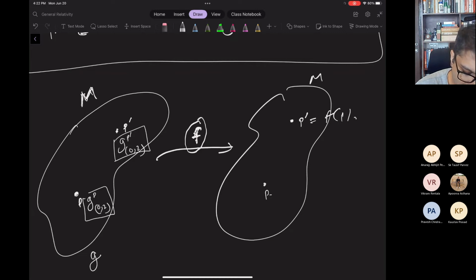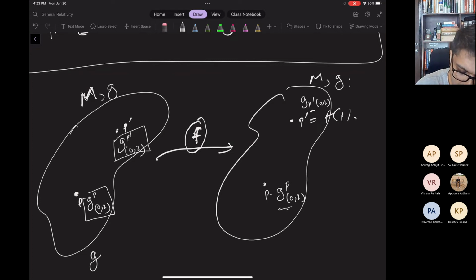So again, let me associate the same metric with this space. So there's G at P of type 0-2 and there's G at P prime, which is also of type 0-2. This is a tensor here, this is a tensor here.